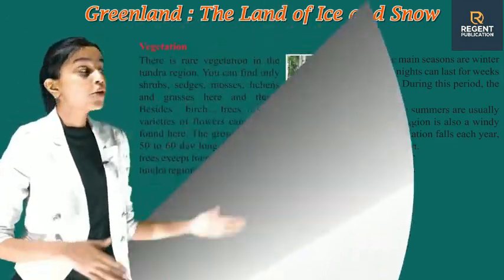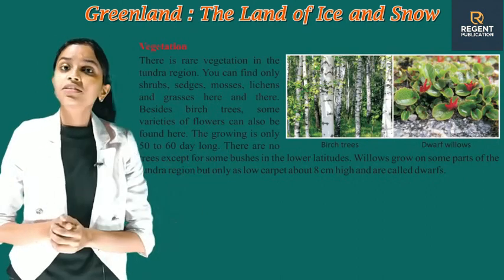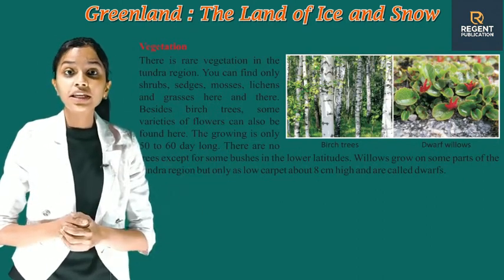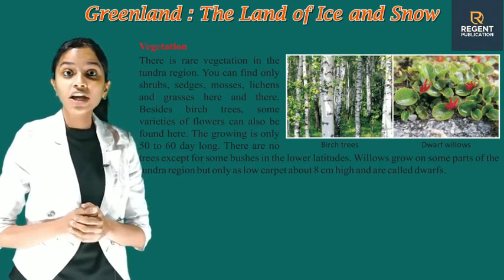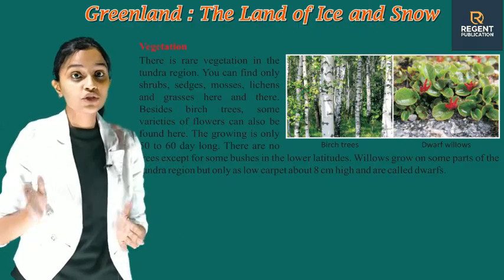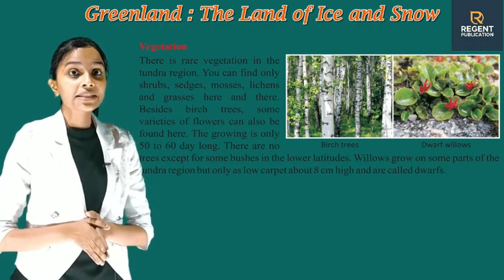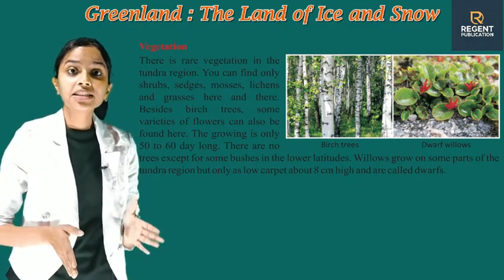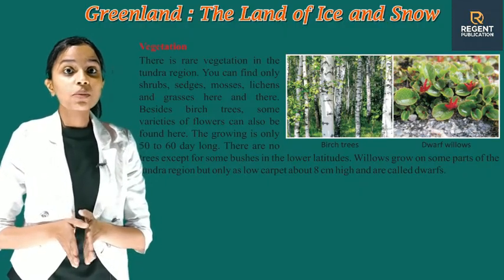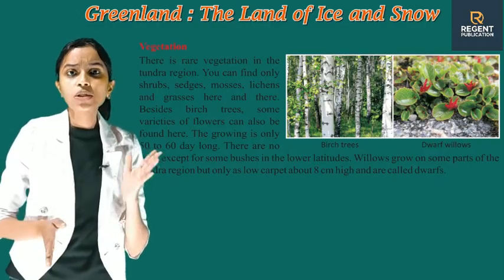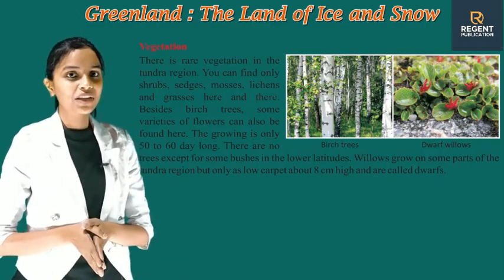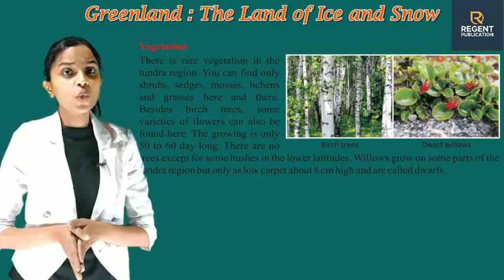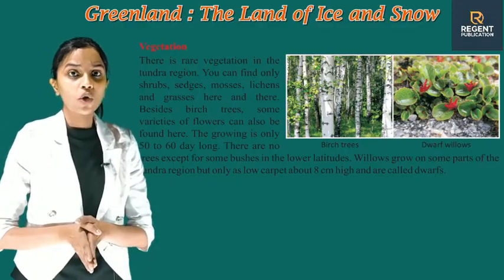Now see vegetation. There is rare vegetation in the tundra region. You can find only shrubs, sedges, mosses, lichens, and grasses here and there. Besides birch trees, some varieties of flowers can also be found here. The growing season is only 50 to 60 days long.